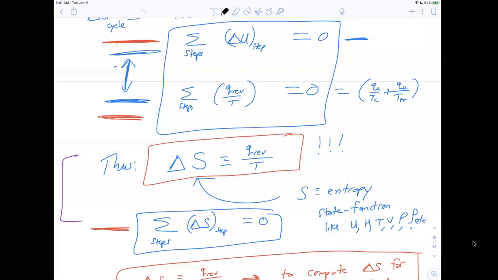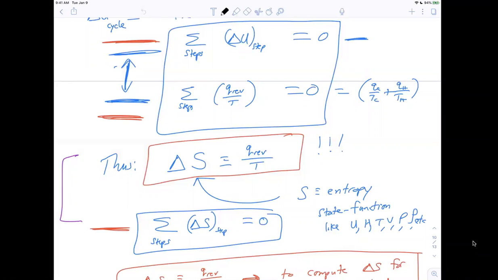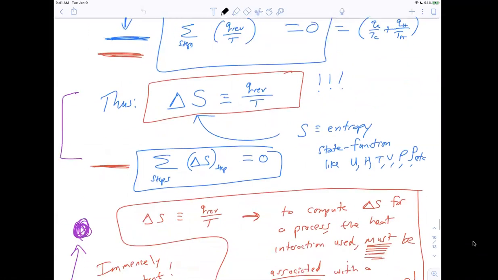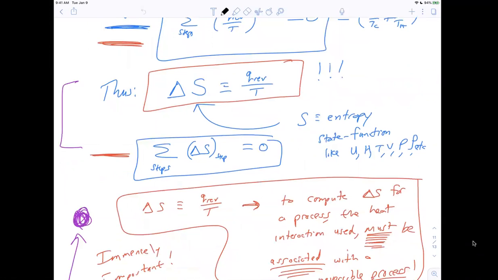So again, I remind you emphatically that this is delta S, not S. Delta S is equal to Q reversible over T between any two state points which are at equilibrium. And so S is entropy, a state function, just like U, H, temperature, volume, pressure, density. And over a cycle, the summation of delta S has to equal 0, much like it would for any of these other functions of state.